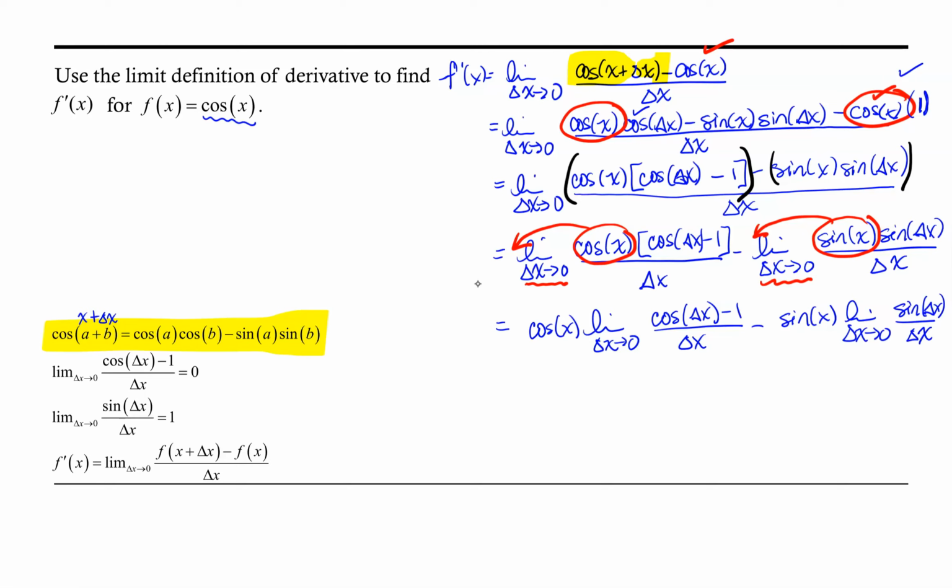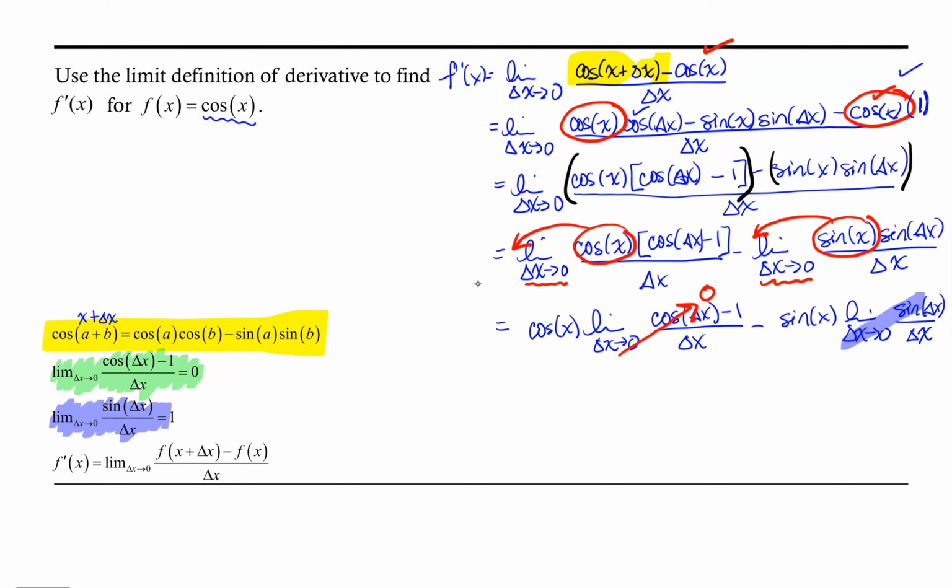Now this is the point at which our special limits become important for us. We know that the limit as delta x goes to 0 of cosine of delta x minus 1 over delta x is 0. So this part goes to 0. We also know that the limit as delta x goes to 0 of sine of delta x over delta x goes to 1.